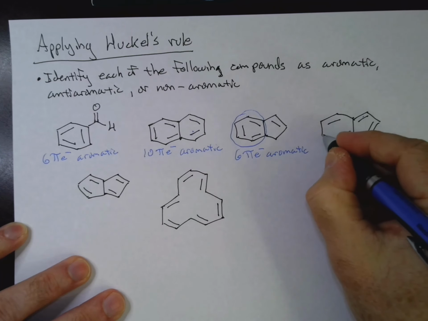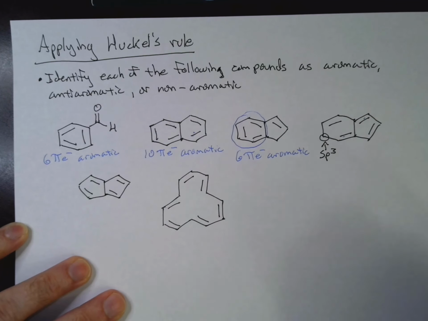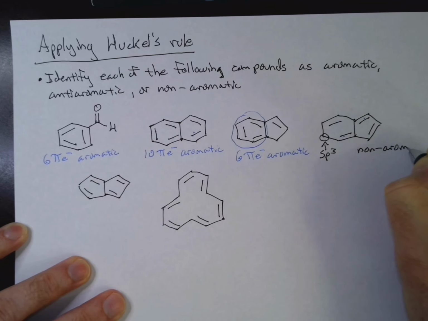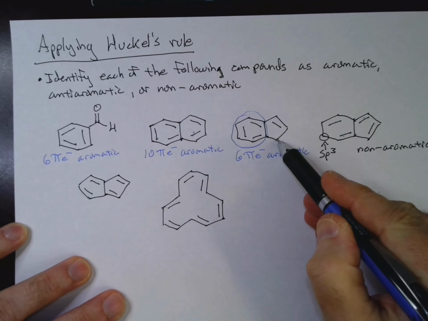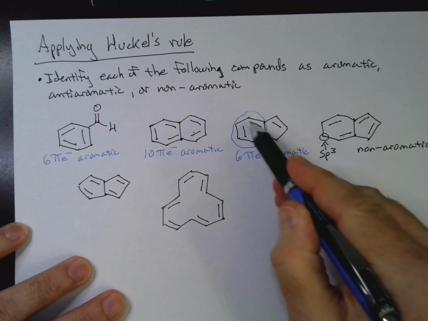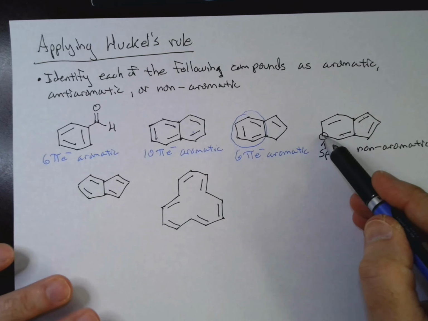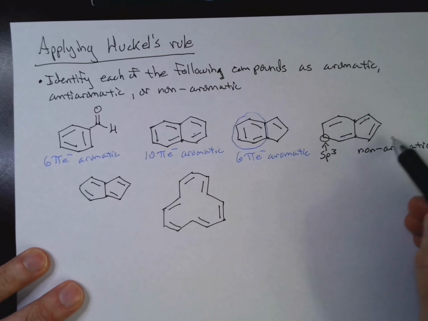But we have this guy as sp3. Yes, we have an sp3 carbon here, but it doesn't interrupt this continuous ring. Here, the presence of this sp3 carbon interrupts our ring of p orbitals. So this is going to be non-aromatic.